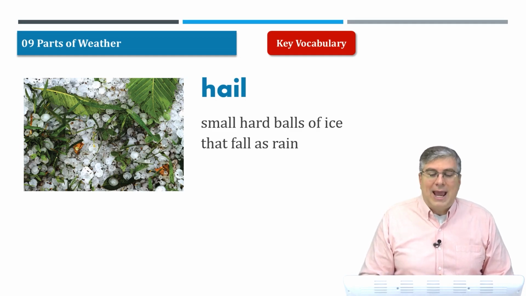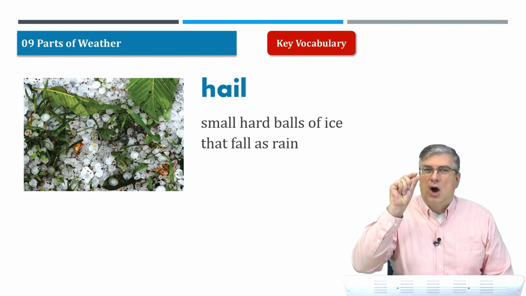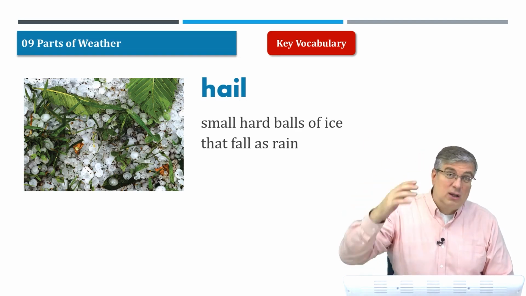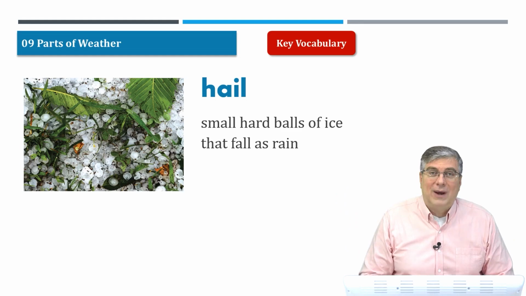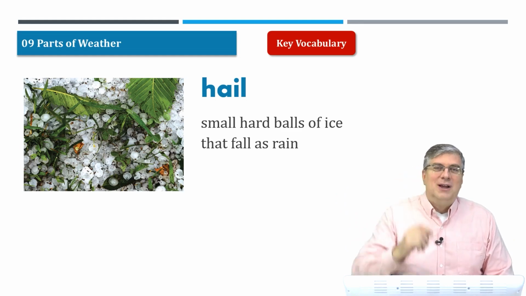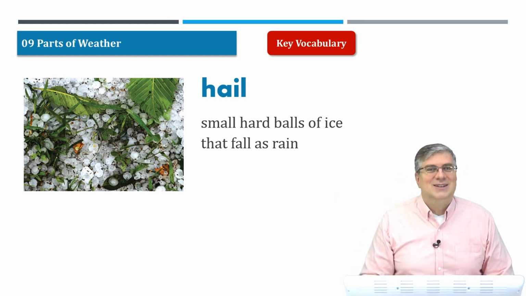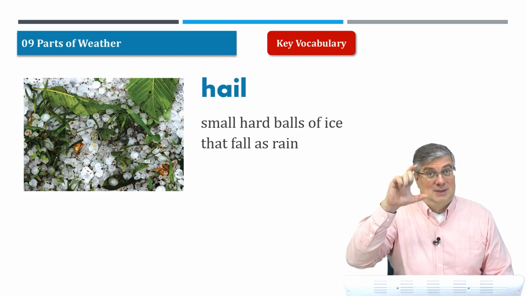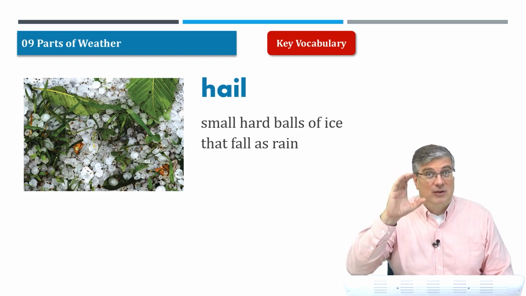What is hail? Hail is small, hard balls of ice that fall from the sky like rain. Now, I say small, but sometimes in some places, hail can be bigger. It can be big, and it can be dangerous.